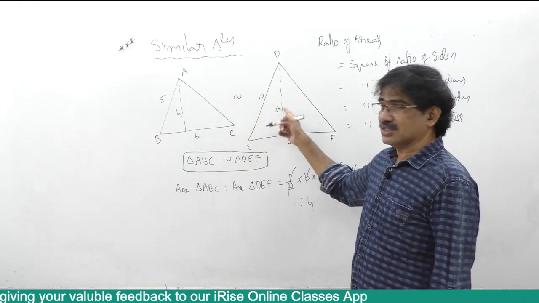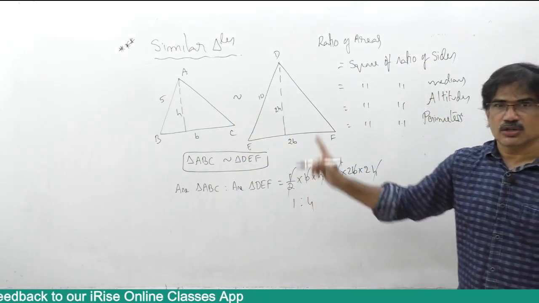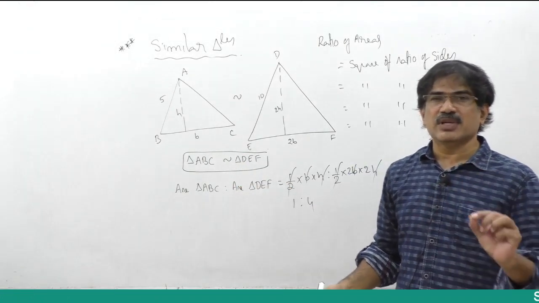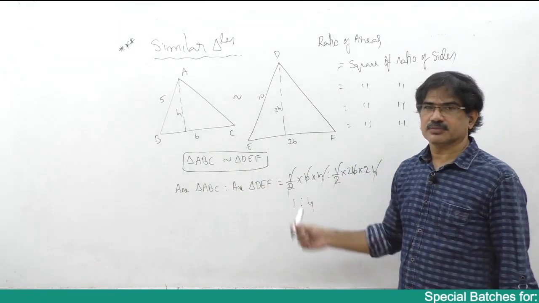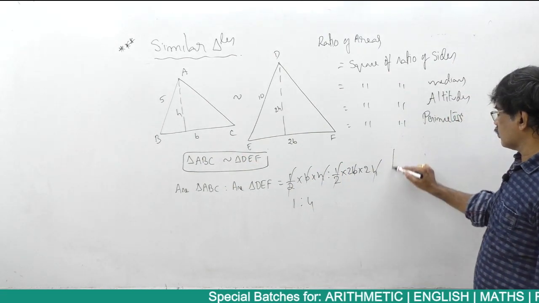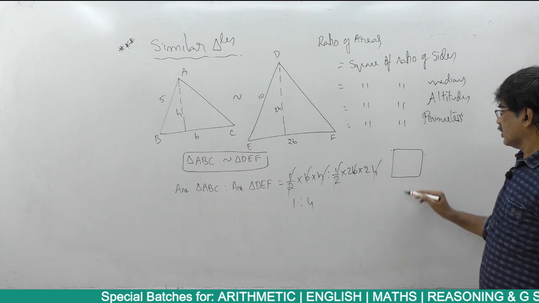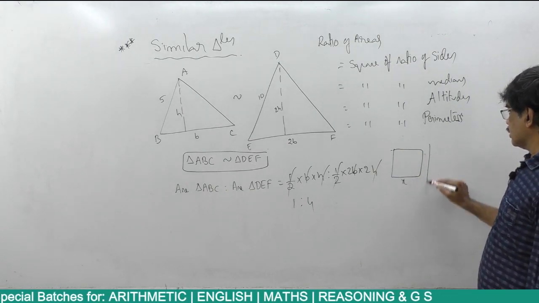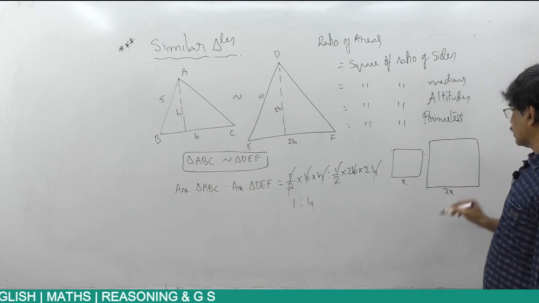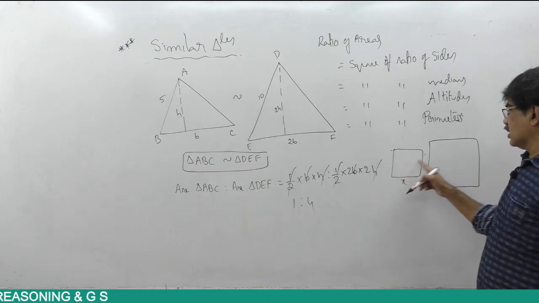Not only for similar triangles, this formula is applicable for any similar diagrams. For example, there is a square here whose side is x units, and this is one more square whose side is 2x units. Then what about the areas ratio?